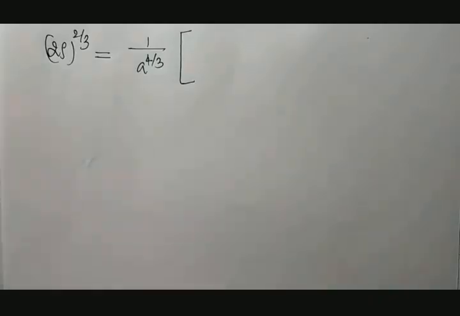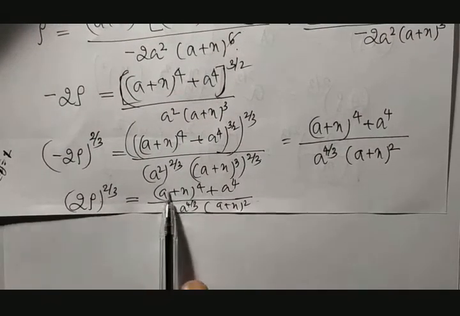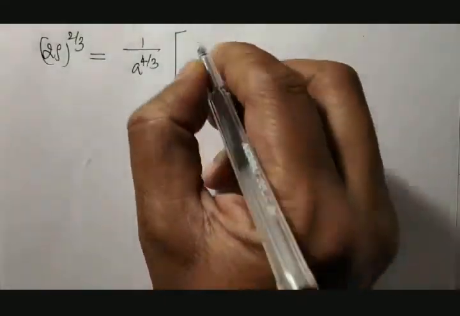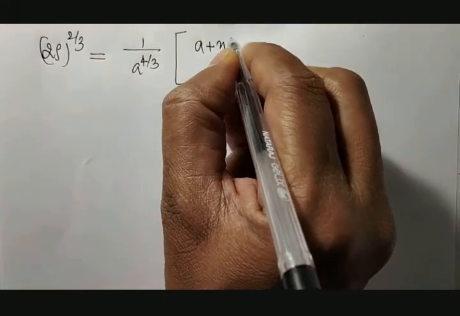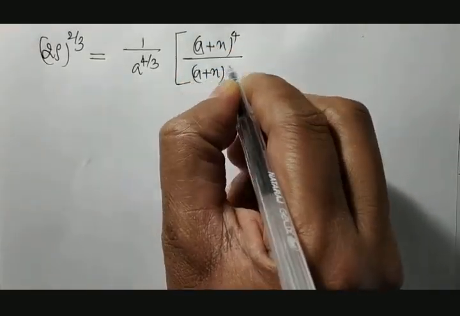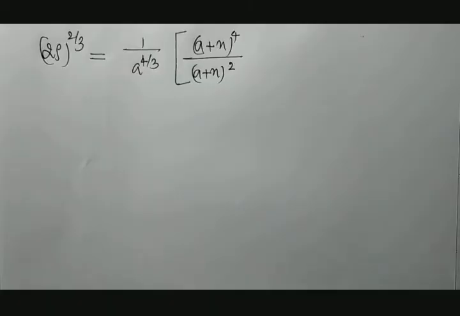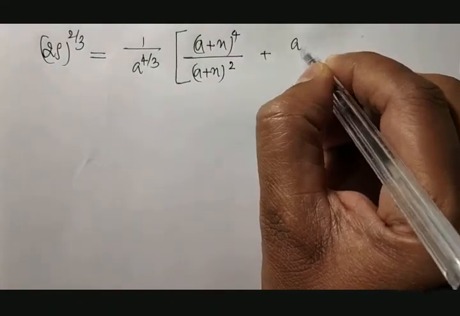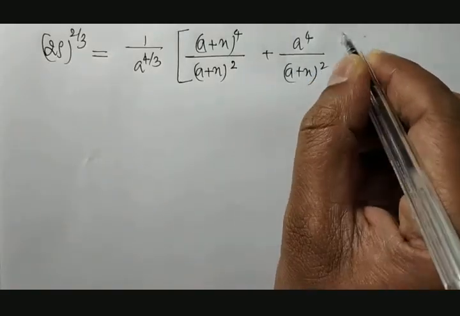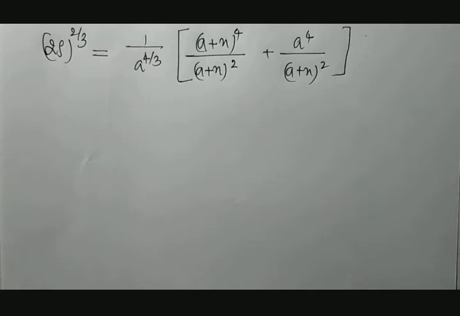What is first term? First term is a plus x raised to 4 divided by a plus x raised to 2. Therefore it is a plus x raised to 4 divided by a plus x raised to 2. Fine. That plus second term, a raised to 4 divided by a plus x the square. Fine.